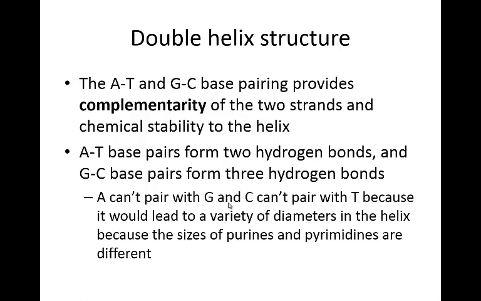And like I mentioned before, A can't bind with G, and C can't pair with T, because that would lead to a whole variety of diameters in the helix. The sizes of purines and pyrimidines are different, and this would lead to instability in our double helix. One of the major hallmarks of DNA is that it is very, very stable, and the only way to get this is by pairing the two different types of nitrogenous bases.